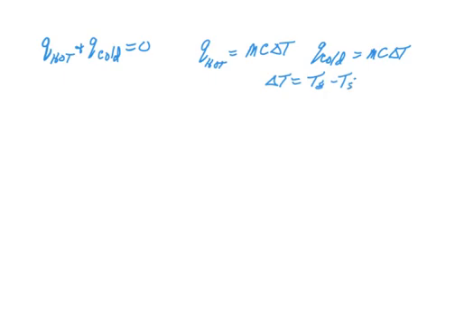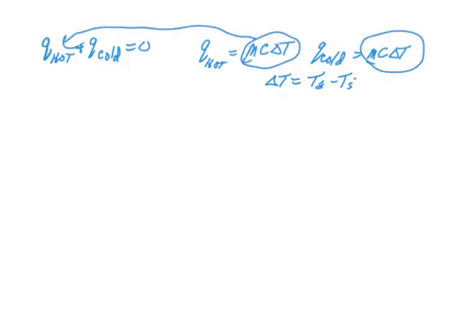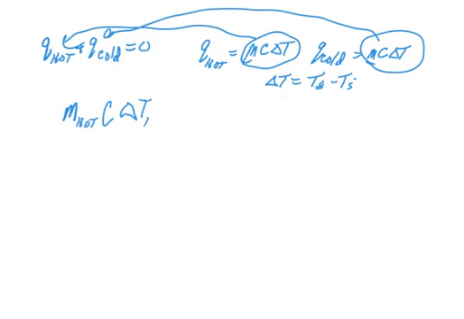Okay. All right, so let's plug these values in. I'm going to take this and plug it in for Q of the hot, and I'm going to take this and plug it in for Q of the cold. So I'm going to get M of the hot, C, ΔT the hot, plus M of the cold, C cold, ΔT the cold, has to equal 0.